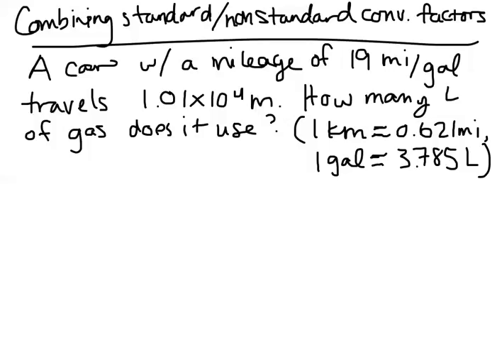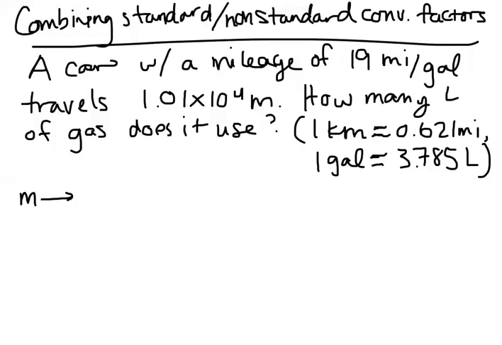However, we're in meters, we want to be in miles. So you always have to convert to the units of that conversion factor. Meaning, I'm going to start with meters. Where should I go next? Kilometers, because then we can get to miles using this conversion factor.